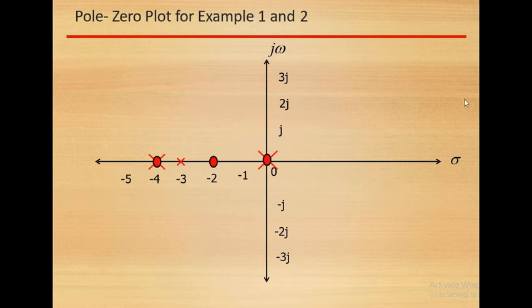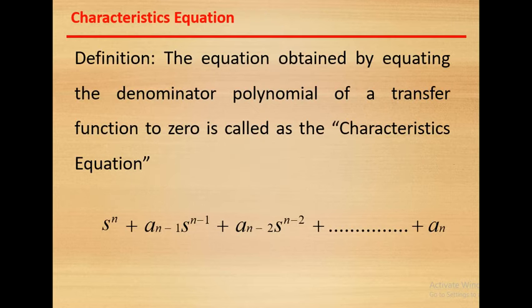Let us see an example based upon this, so that you can clearly understand what we mean by real values and imaginary values. But before that, let us see what we mean by characteristic equation. I think we have discussed this earlier, but again we will see it.